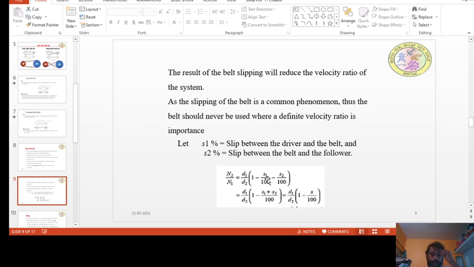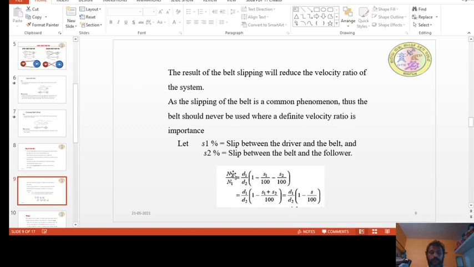So if we add up S1 and S2, then we get this equation, that is 1 minus (S1 plus S2) divided by 100, and we assume that S1 plus S2 is equal to S. Then N2 by N1 is equal to D1 by D2 times (1 minus S by 100), so we get a value less than 1, and the ratio of N2 by N1 will be decreased.